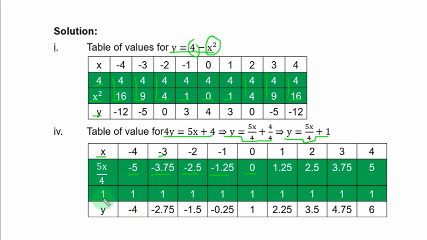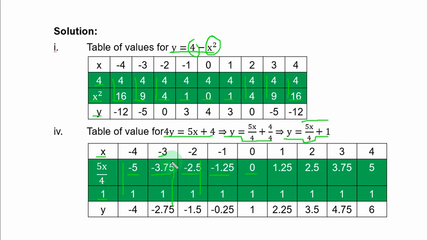1 is constant all through, so you write 1 under each value of s. Then for us to get y now, you need to add, because the sign here is addition. So you have minus 5 plus 1, you have minus 4. Minus 3.75 plus 1, you have minus 2.75. Minus 2.5 plus 1, you have minus 1.5.